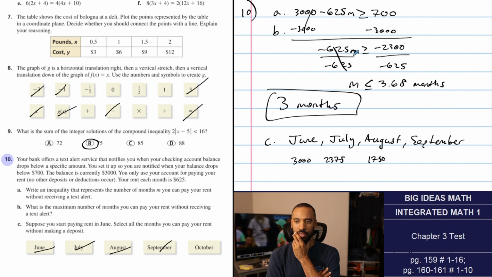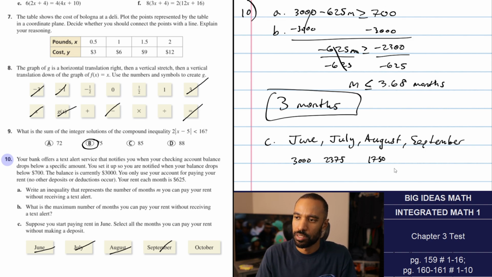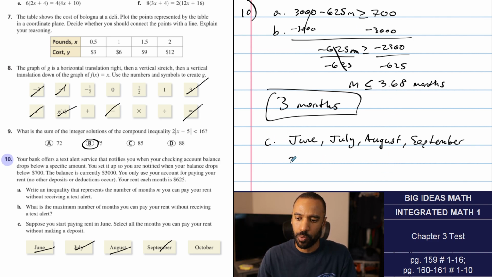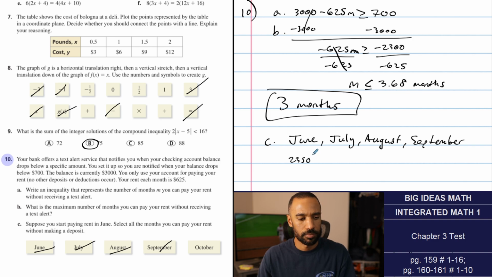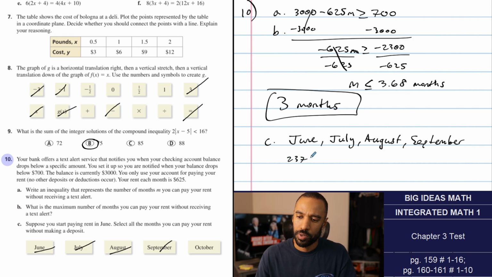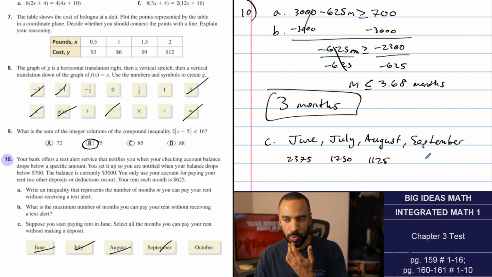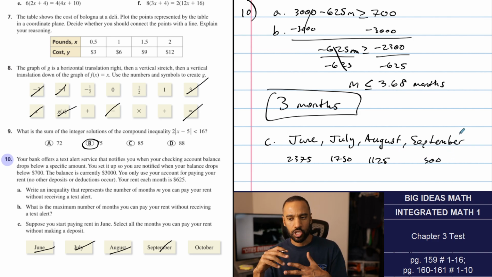Losing 625 a month. So maybe this isn't the 3,000. Maybe you already have the deduction. So here you have 2375 and then 1750 and then 1125. I have to make sure I'm doing these numbers right. And then 500. And then in October, it rings up.